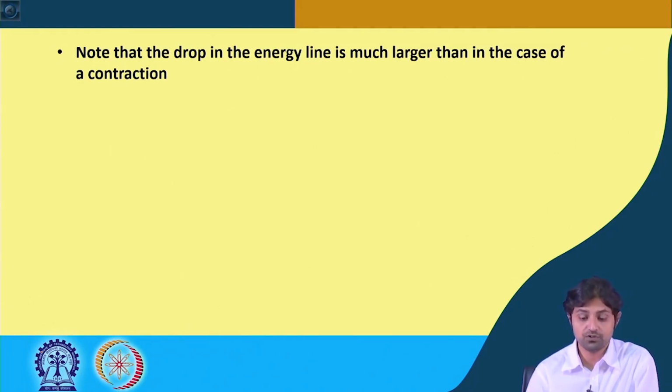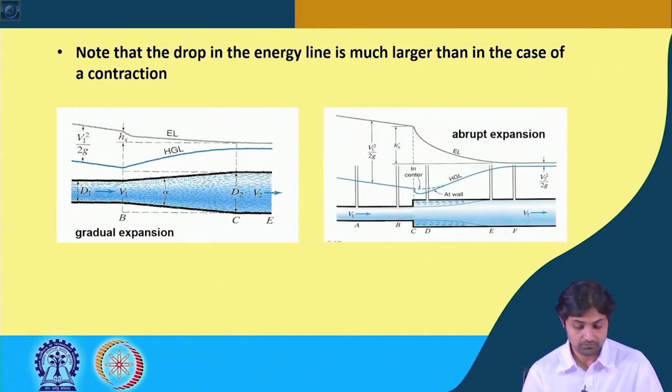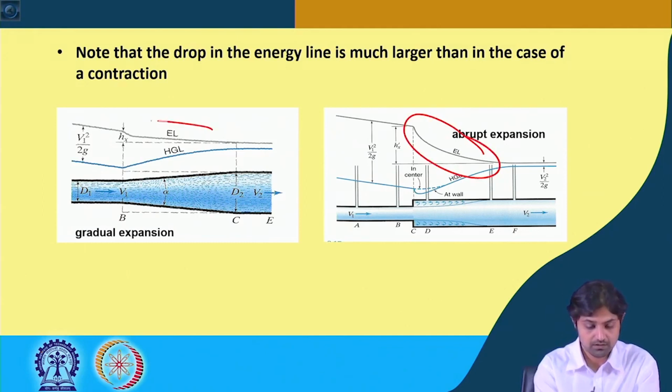So, the whole energy is going to be lost, and the drop in the energy line would be very rapid. This is abrupt expansion, and this is gradual expansion. So see the sudden fall in the line. This is gradual, this is abrupt.